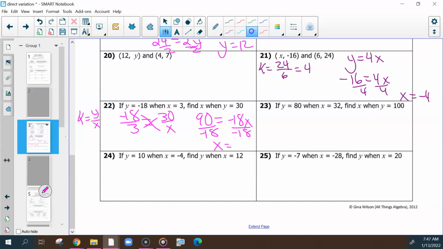Was that negative 5? Yes, thank you. And then to double check that my k value is constant throughout both of these, negative 18 divided by 3 is negative 6. 30 divided by negative 5 is negative 6, so that works.